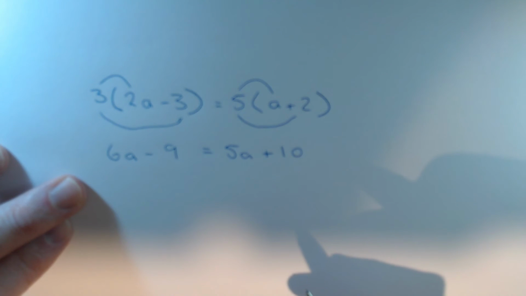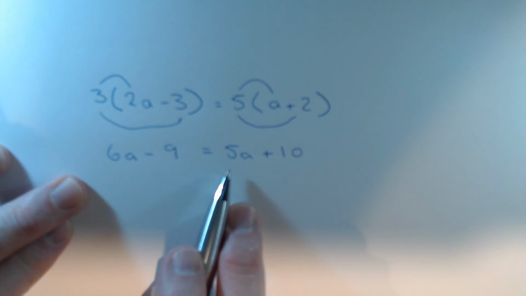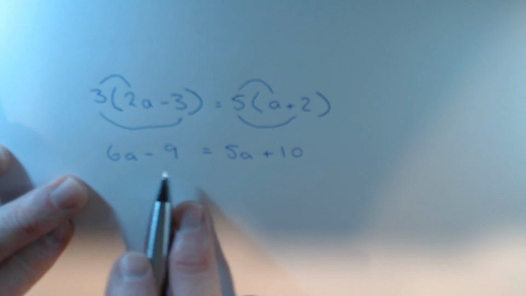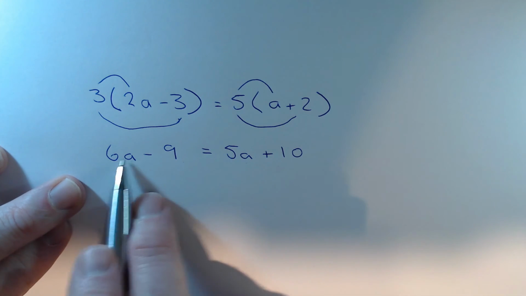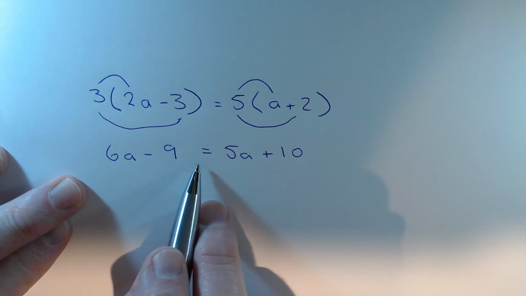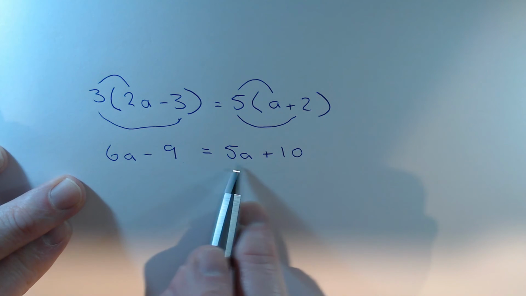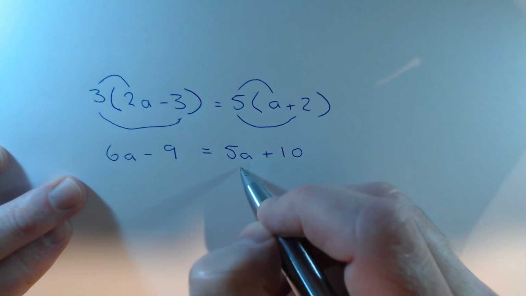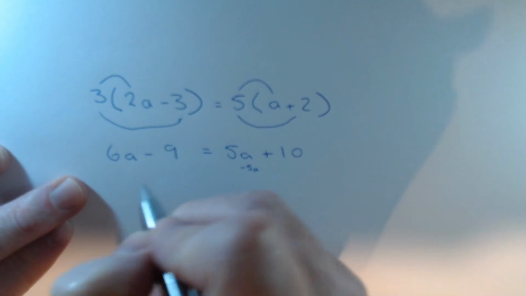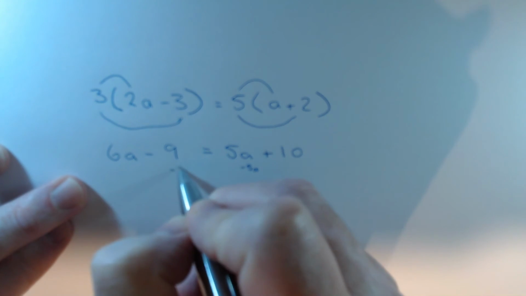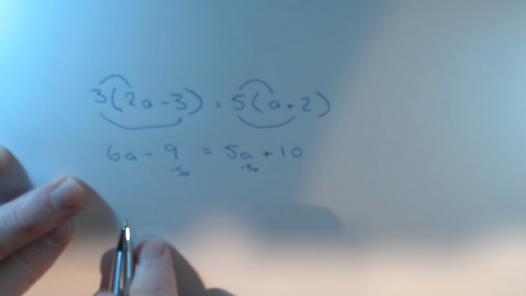Then we've got to group our like terms, so move all of our terms with pronumerals to one side and all of our constants to the other side. I'm going to first remove this 5a from this side, so let's minus our 5a. Whatever you do to one side, you've got to do to the other side, so I'm going to minus 5a on the left as well.